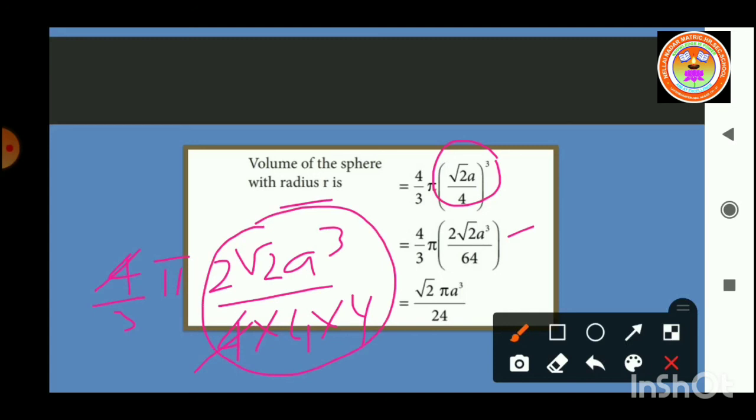Now cancel 4 by 64, so 4 and 4 are cancelled. So remaining is root 2 pi a cube. This 2 also is cancelled. So this is 8 into 3, 24. So root 2 pi a cube divided by 24. Now clear?